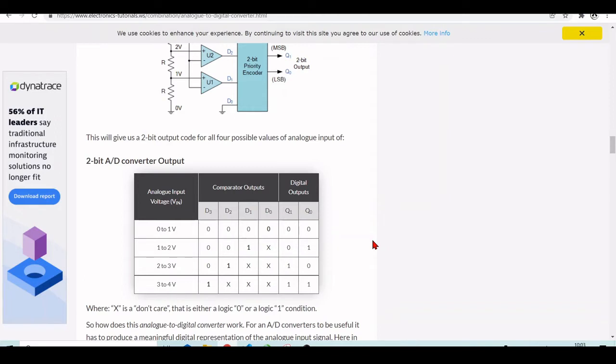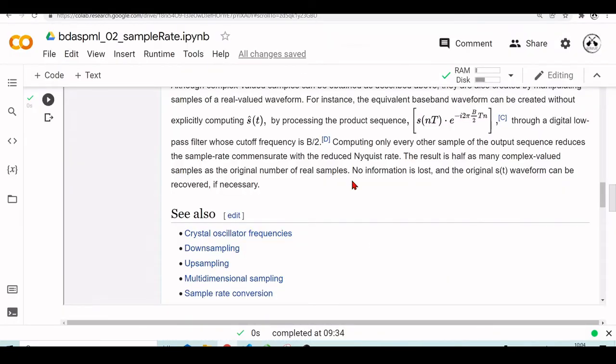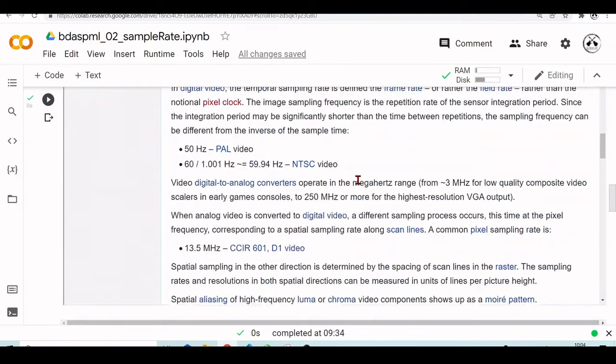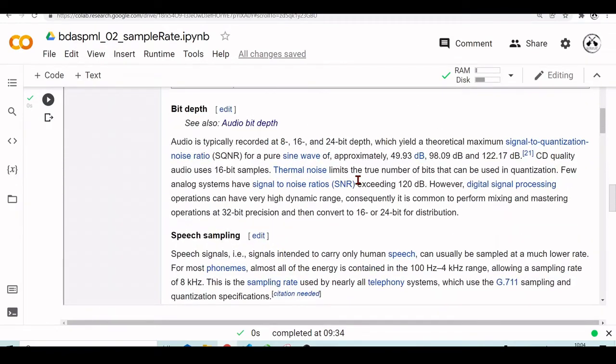One way is to use 1 bit for the sign. The first bit would indicate if it's a plus or minus, and the rest of the bits will indicate the values. This is one possibility. As I mentioned, we are not going to cover how to convert, but we need to have in mind how bit depth works and what it means.